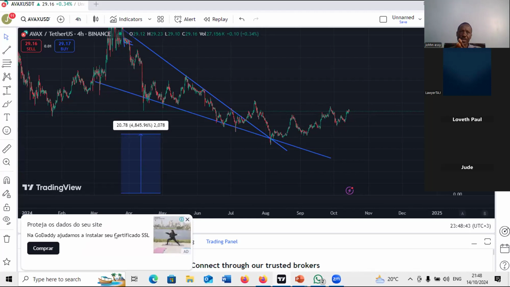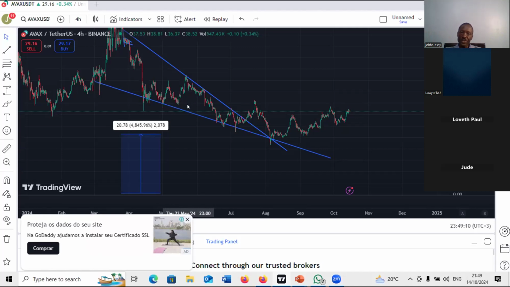Now, I want to say this. If you do the plotting at higher time frame, when you come to the lower time frame, you will be able to see that in that particular structure which you have picked, we have other structures. If you look keenly, we have a flag. This is a flag pattern.